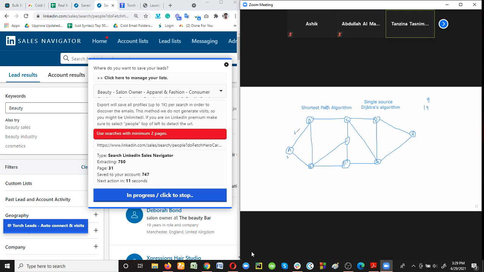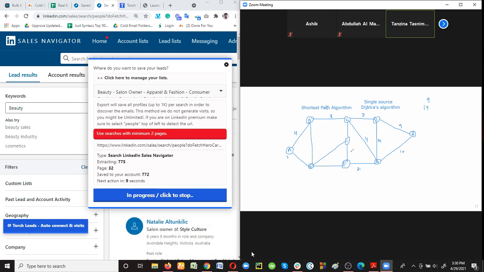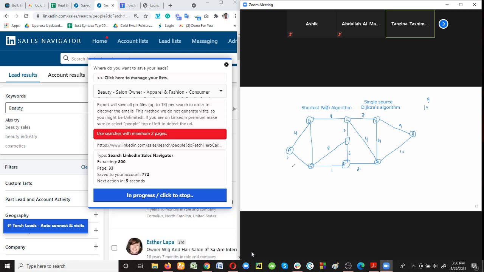Suppose the weight of this edge is 4, this is 8, 7, 9, 10, 14, 4, 2, 6, 1, 7, it's 2, and this is also 8. Okay. And here 11. So this is now a weighted graph.